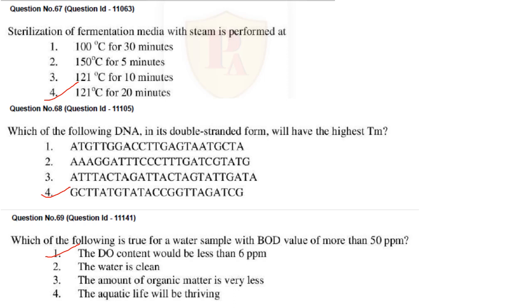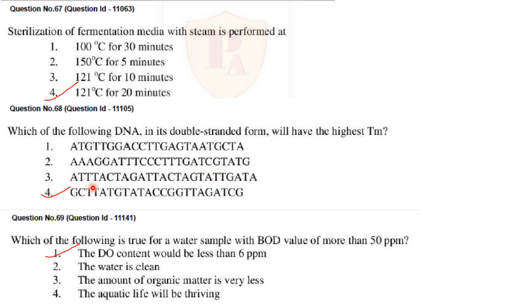If you see the first one, the number of G will be 1, 2, 3. C and G will be 1, 2, 3, 4, 5, 6, 7, 8, 9. If you see the second, it will be 1, 2, 3, 4, 5, 6, 7, 8, 9.